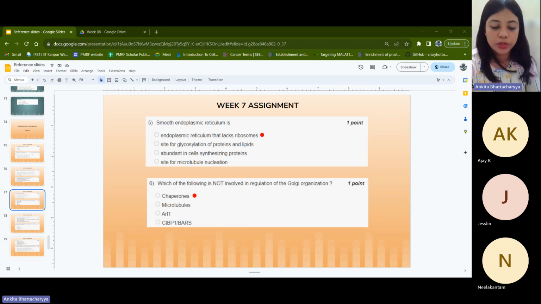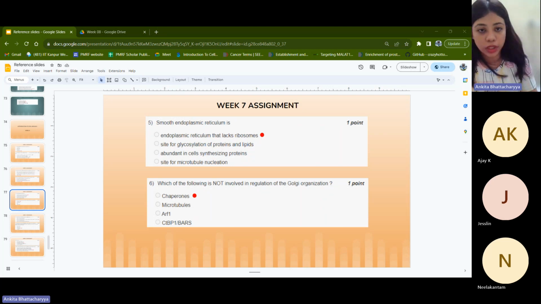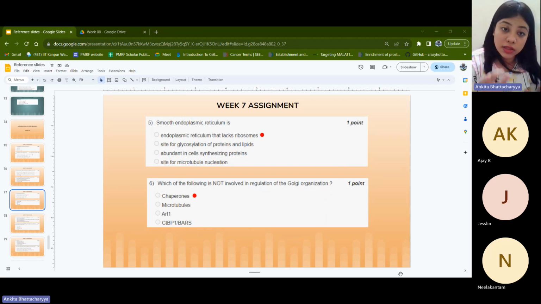Coming to your question about the transitional endoplasmic reticulum, this concept was not introduced in this course. Based on what was taught in this course, they have just talked about rough and smooth endoplasmic reticulum, classifying them directly into these two categories.